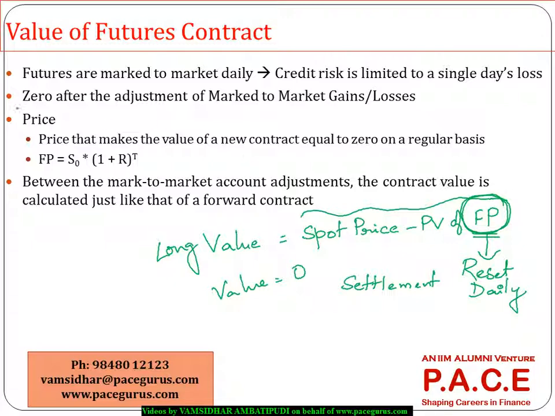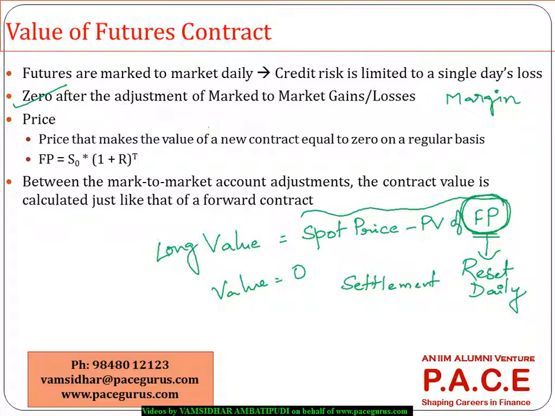That is what I meant by this statement: the value of the futures contract is zero after the adjustment for the mark-to-market losses and profits, after my margin account is updated with the loss or the profit based on the mark-to-market settlement price. There is no outstanding loss or gain to any party at that point.